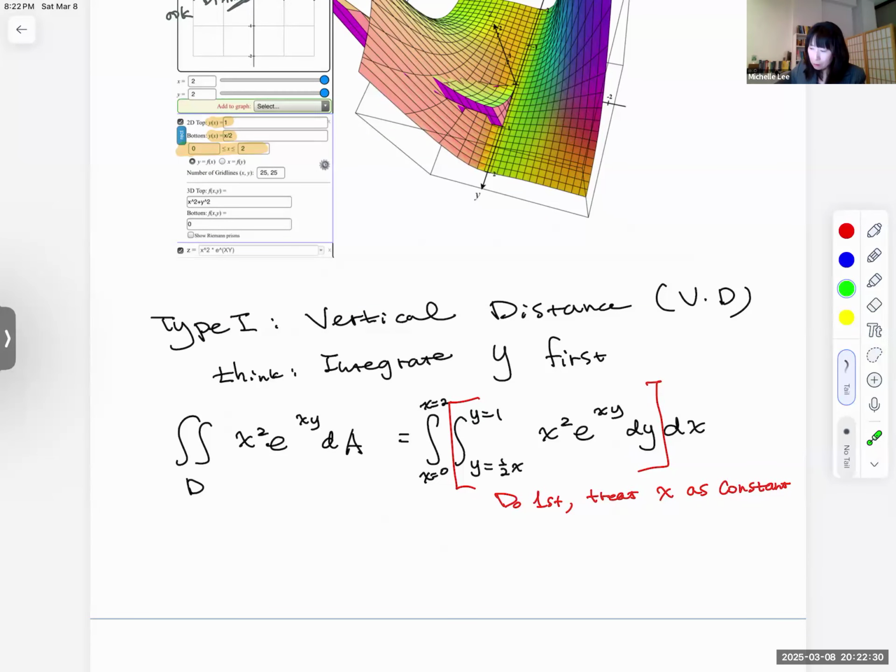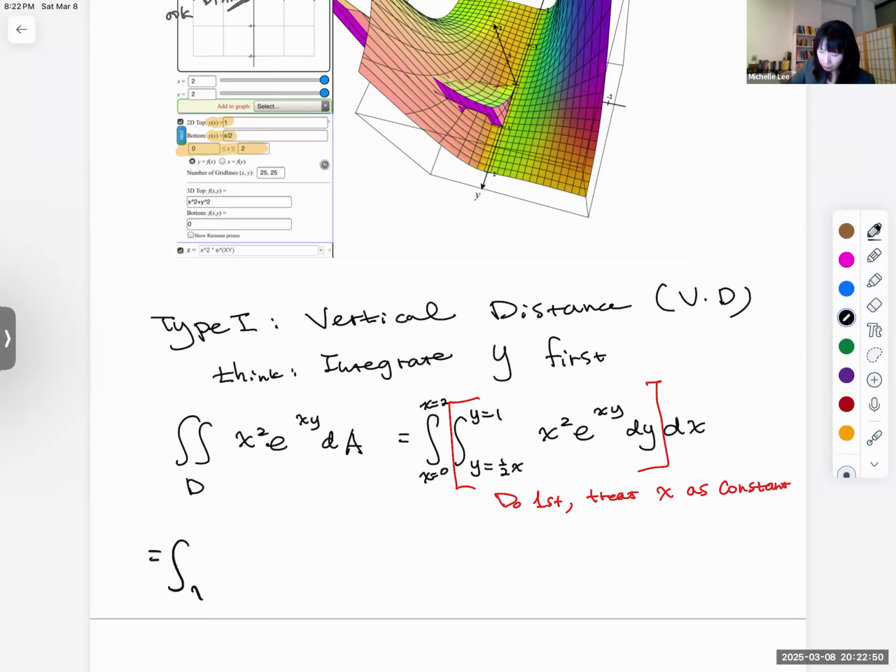So we want to integrate this surface, integrate with respect to y first. That means we treat x as a constant, right? So what we get?